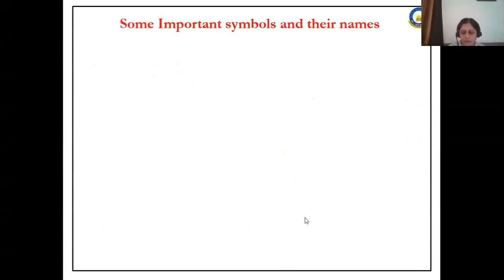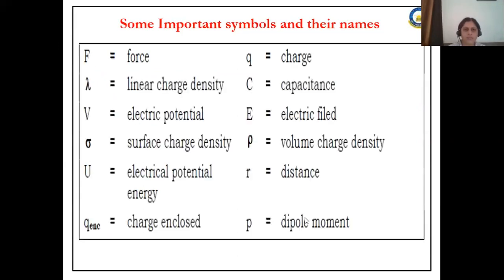Now before going through the formulas, we'll see some important symbols and their names used in the formulas. F denotes the force, Q charge, lambda is linear charge density, C is capacitance, V is electric potential and E is electric field.